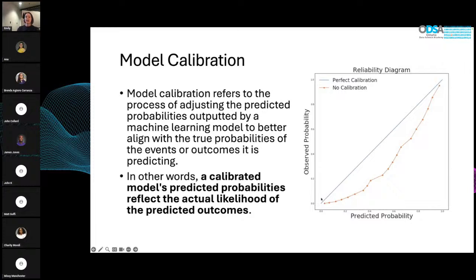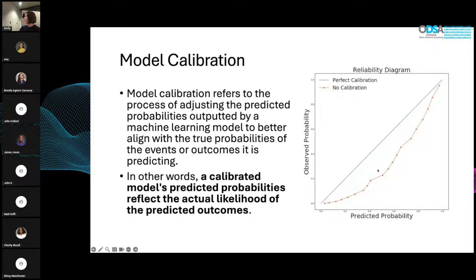That means 10% of our data is from 0.0 to 0.1, 10% of our predictions are from 0.2 to 0.3, 10% of our predictions are from 0.3 to 0.4. So for each decile, for each tenth of a probability, 10% of our predictions are represented in that decile.